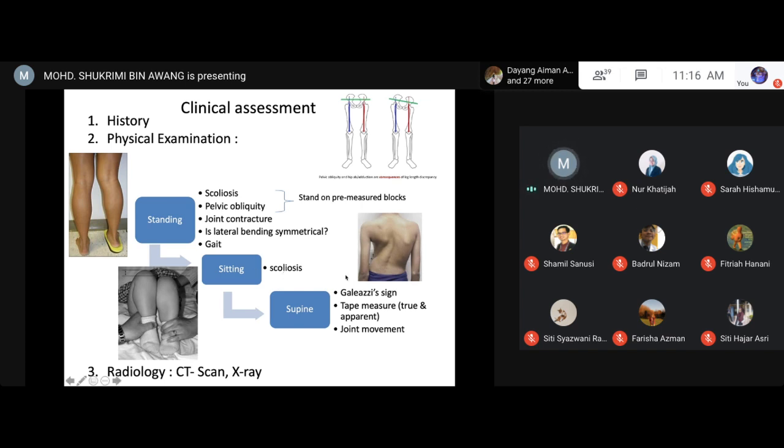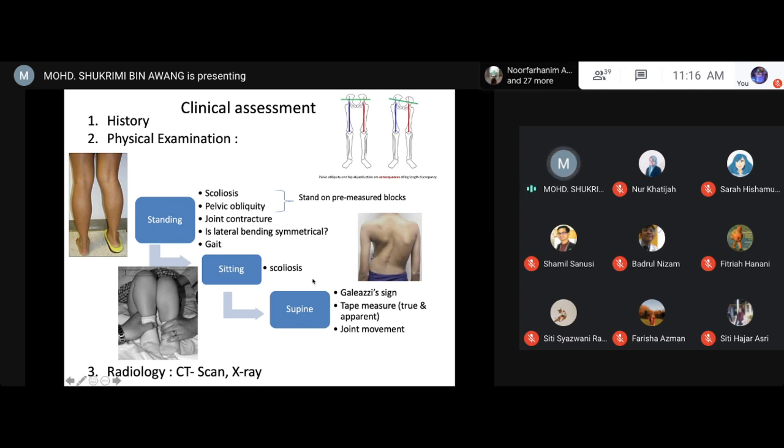We ask the patient to bend forward 90 degrees, and then we see whether the scoliosis remains or disappears. If the scoliosis disappears on sitting or bending forward, that indicates it is just postural, not a bony problem. Postural means that maybe it is because of limb length discrepancy.